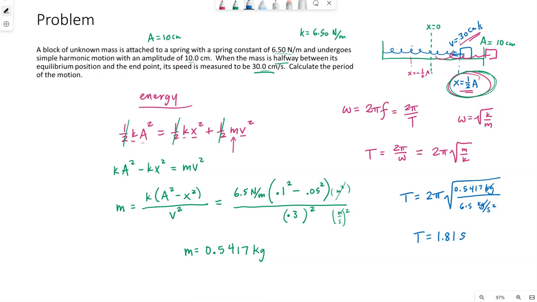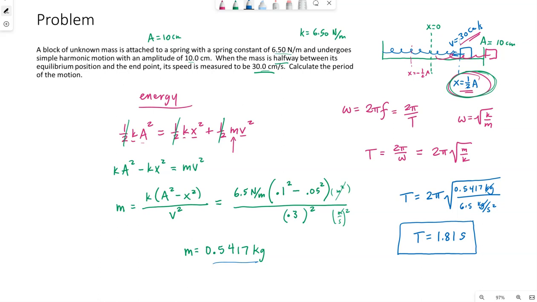And keep in mind, you cannot round to less than 3 sig figs and then give an answer in 3 sig figs. You always have to keep more in the intermediate steps. I actually used the value that was in my calculator, so I used more than the 4 that I wrote down since it was already in my calculator. But this particular system will oscillate with a period of 1.81 seconds.